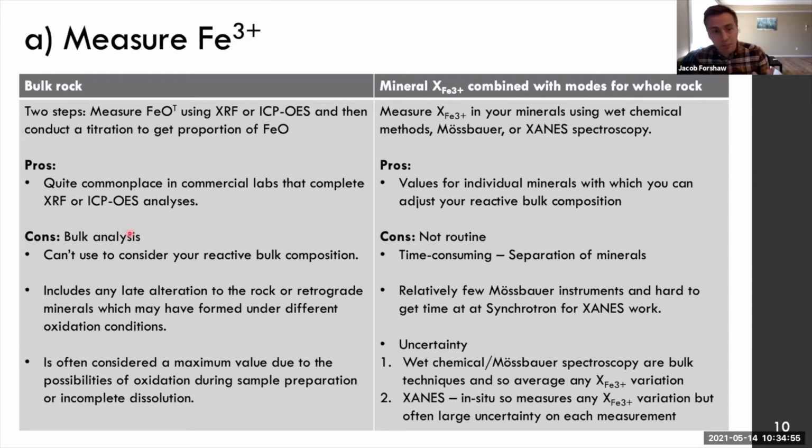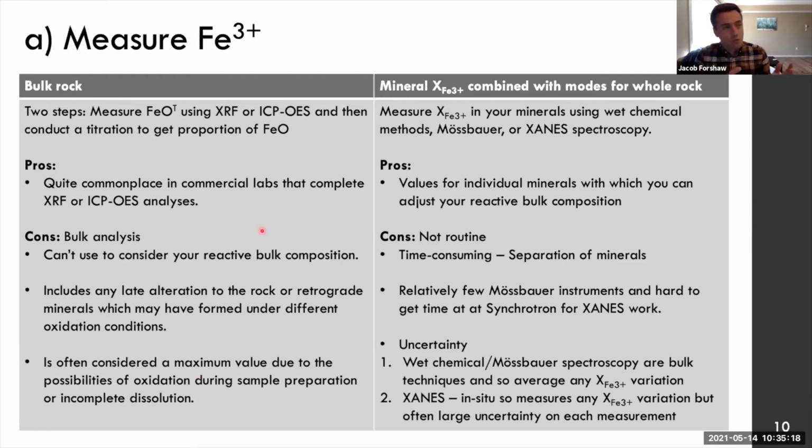The con is that it's a bulk analysis, so it's hard to consider a reactive bulk composition. It includes any late alteration or retrograde minerals that might have formed under a different oxidation state. And often we consider this as a maximum value because there's possibilities for oxidation during sample preparation and crushing and incomplete dissolution during the actual titration.